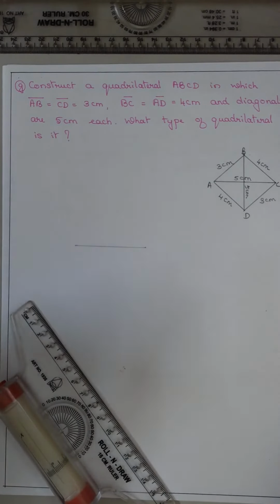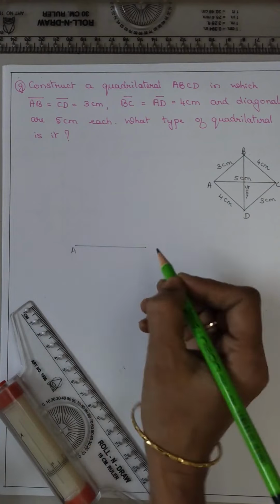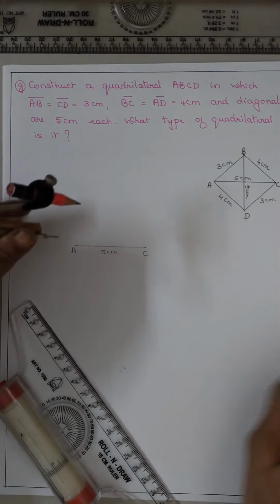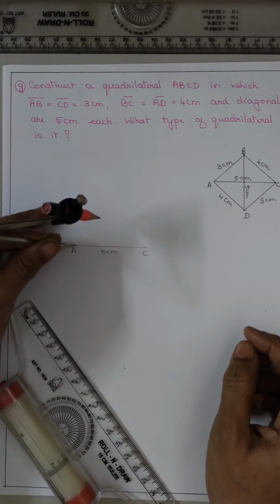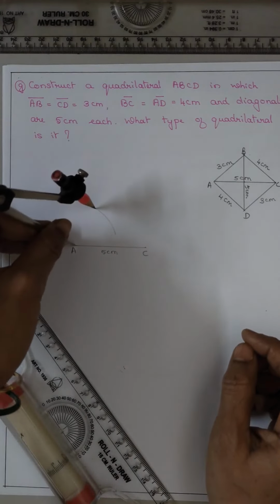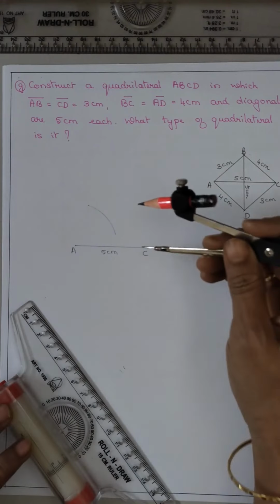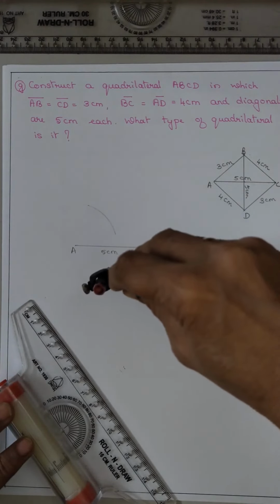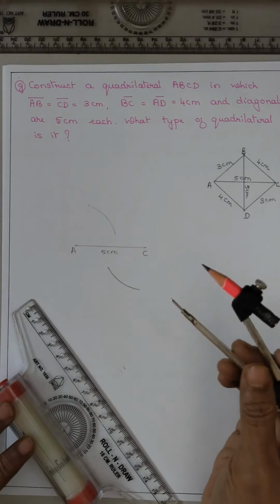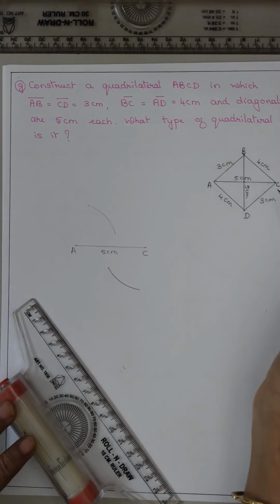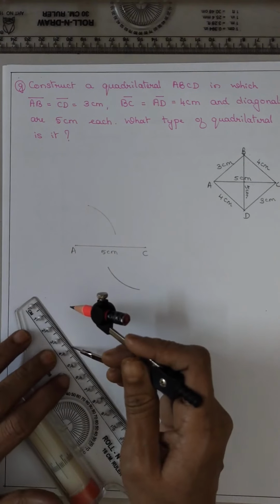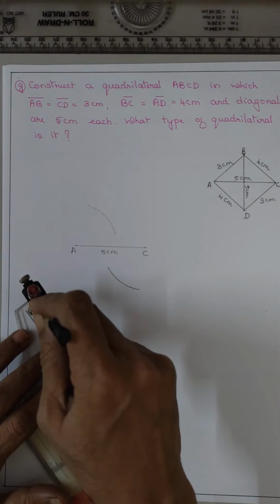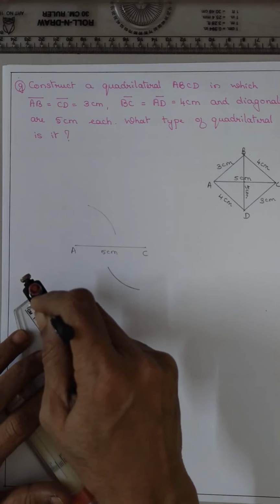So first write AC 5 centimeter. Now AB is 3 centimeter. CD. So from C below draw the arc. Now BC and AD 4 centimeter. So take 4 centimeter. Okay.